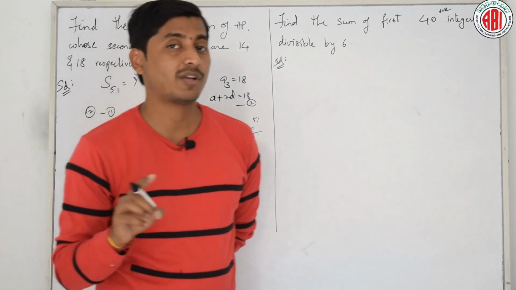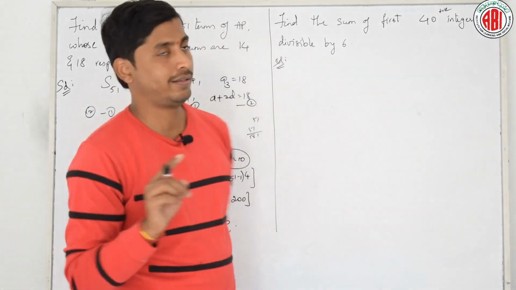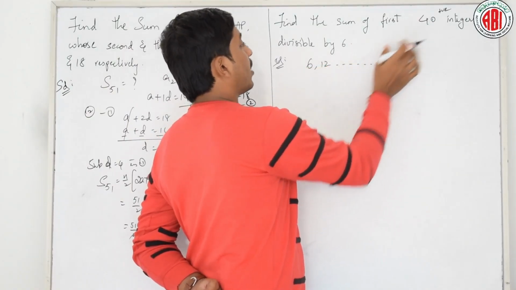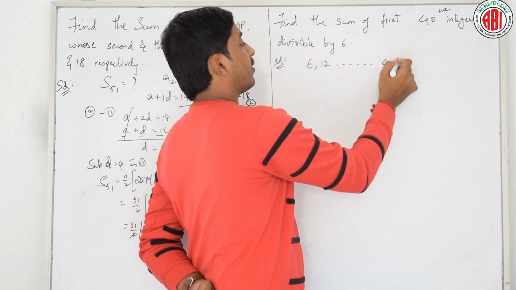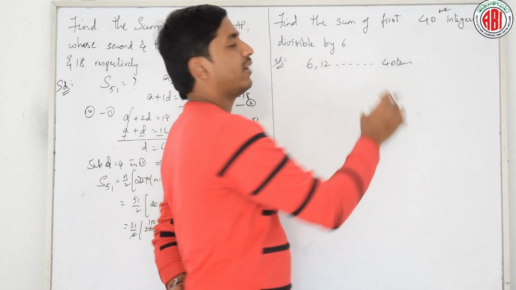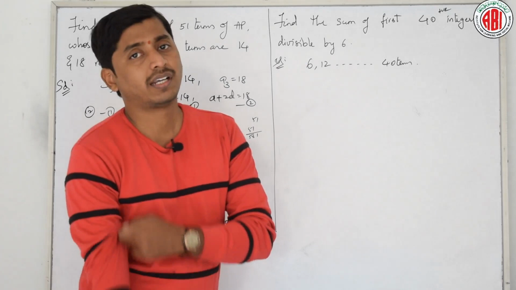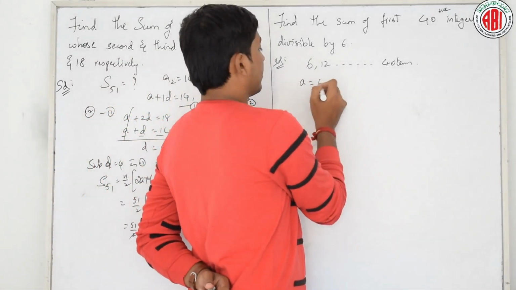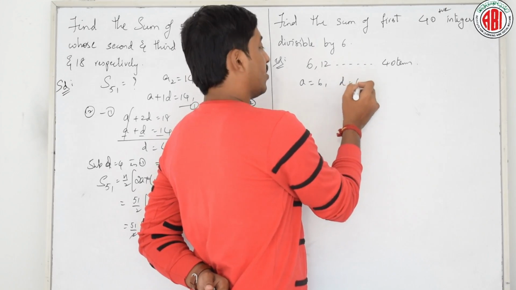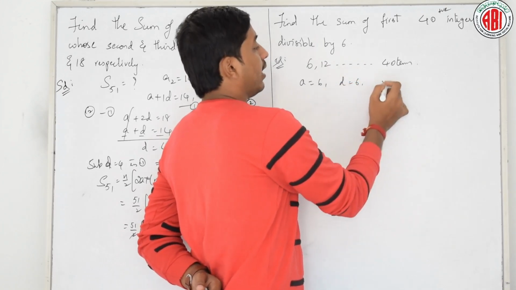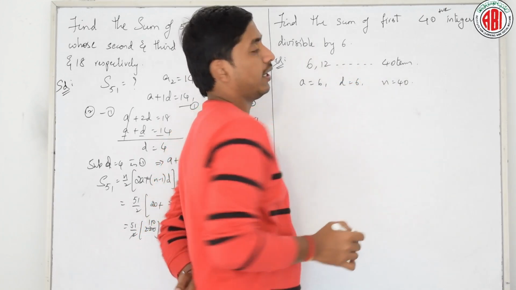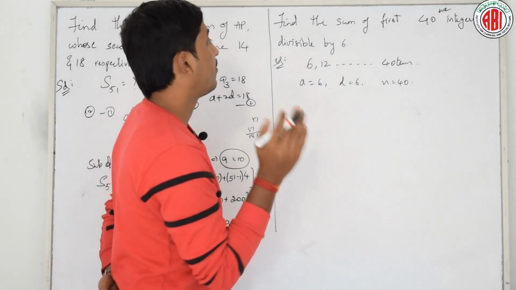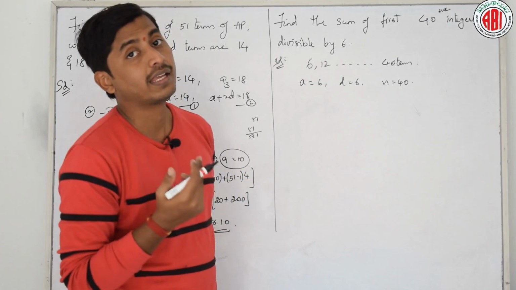In the 6 table, what number comes? 6, 12, and so on up to 40 terms. So A is 6, D is also 6, right? N is 40.